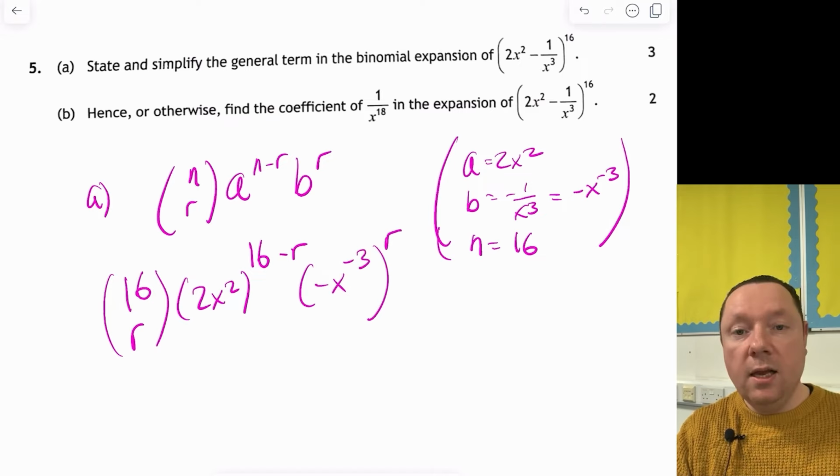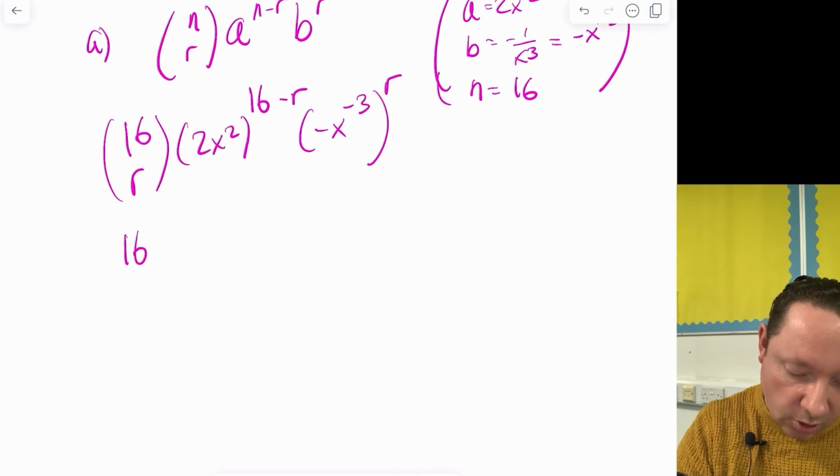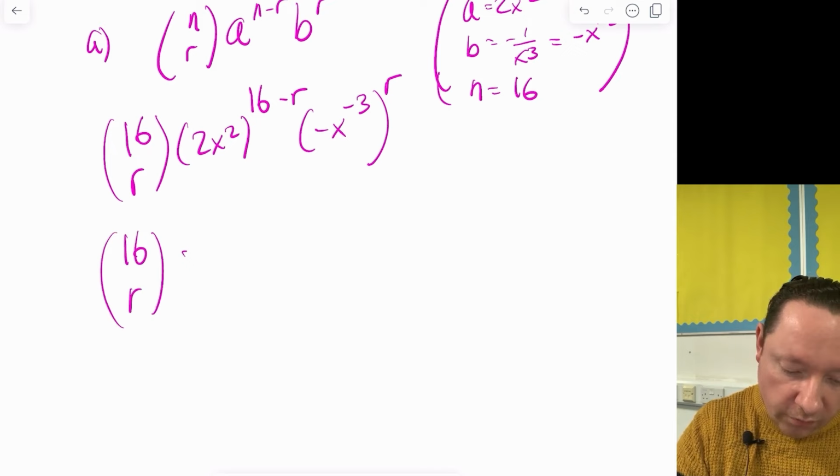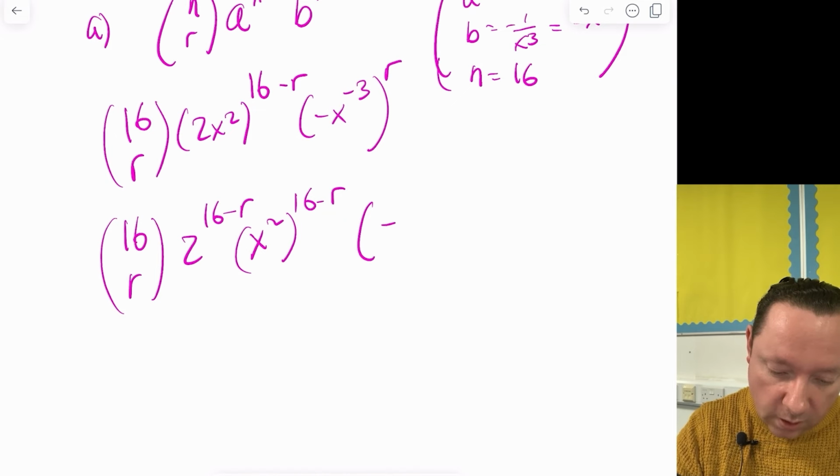And then we need to just collect the terms in terms of x's and numbers basically. So you've got 16 choose r, you've got 2 to the 16 minus r, x squared to the 16 minus r. So the minus you can think of as being minus 1 to the r, and then this leaves you with x to the minus 3, so minus 3r.